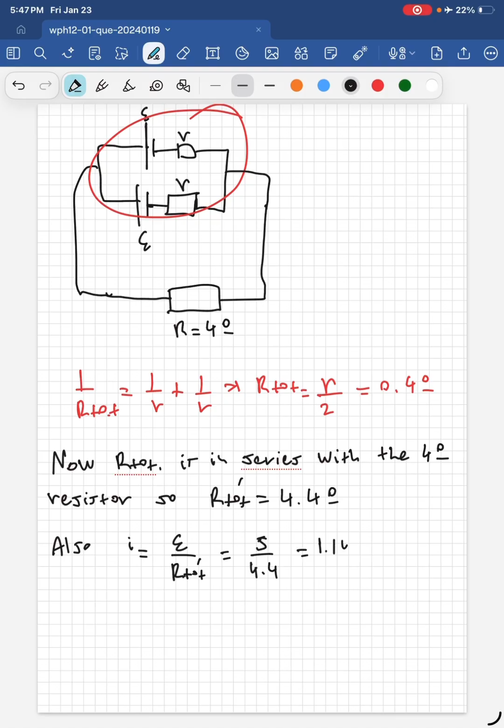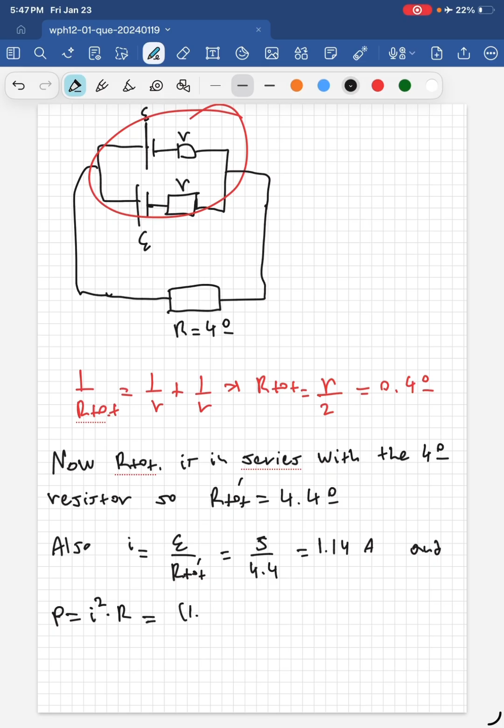So 1.14 amps is the new current, and P is I squared times the resistance dissipated in the 4 ohms resistor.